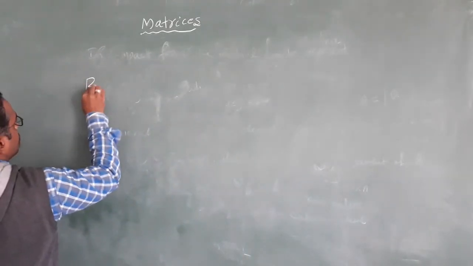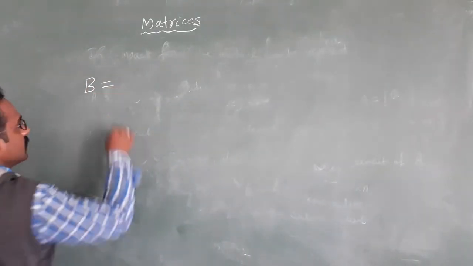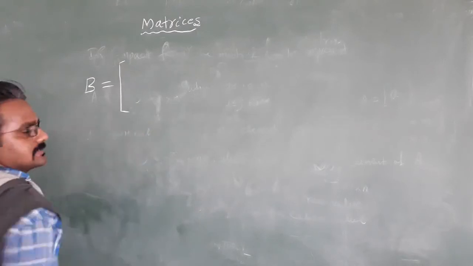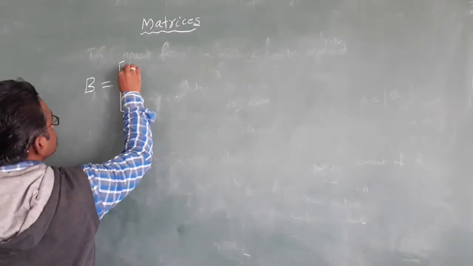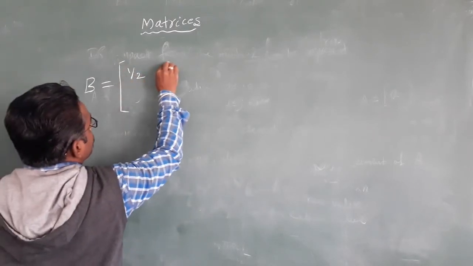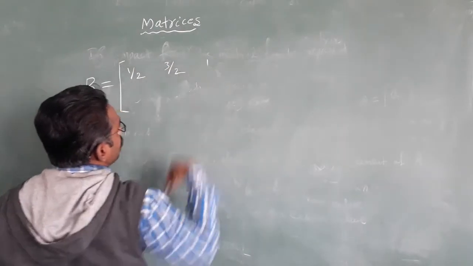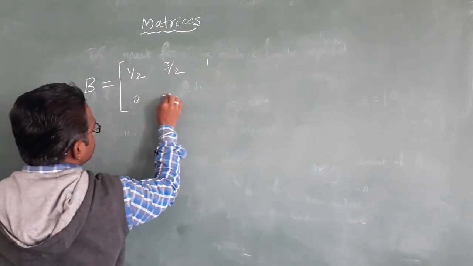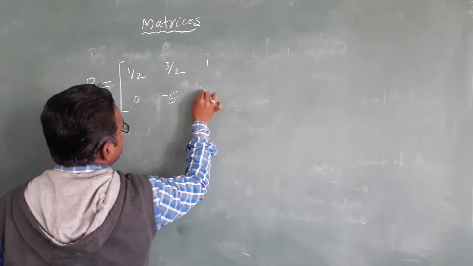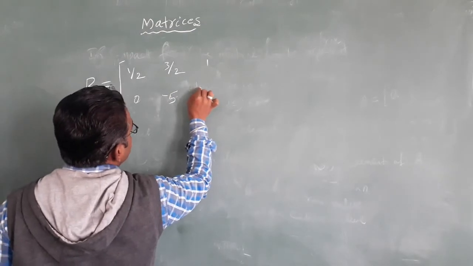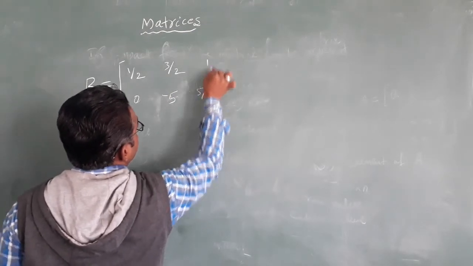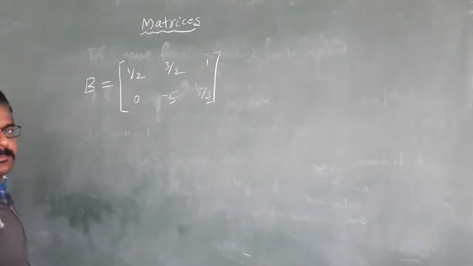Okay, let us consider one example. B is a matrix: 1 by 2, 3 by 2, 1 in the first row, and 0, minus 5, 5 by 3 in the second row. This is the matrix.